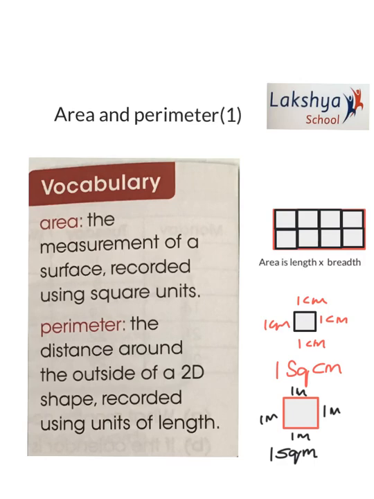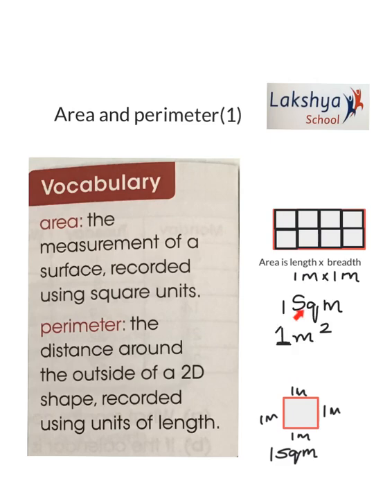This is because we already know that the area is length into breadth. So if the length is 1 centimeter and breadth is also 1 centimeter, then the area would be 1 square centimeter. Or if the length and breadth are 1 meter, so 1 meter into 1 meter will give me 1 square meter or 1 meter square.